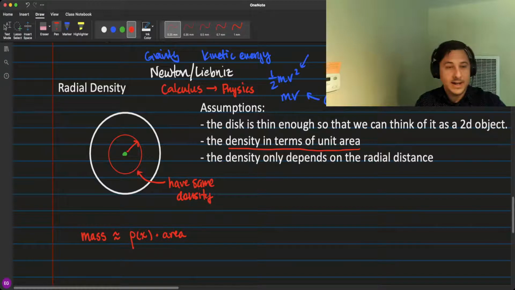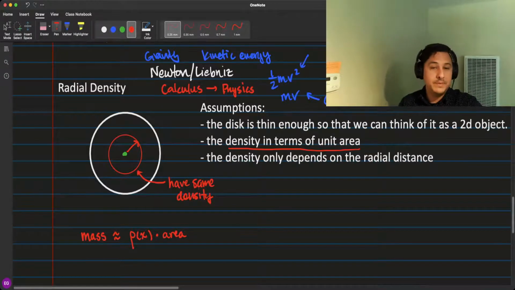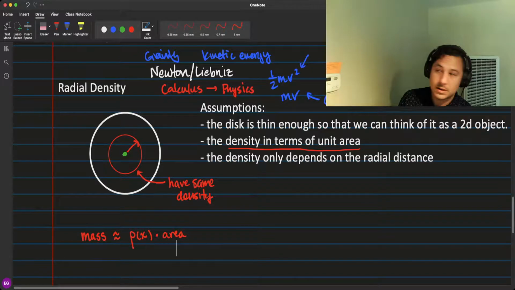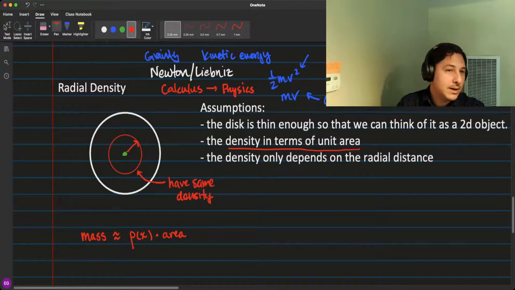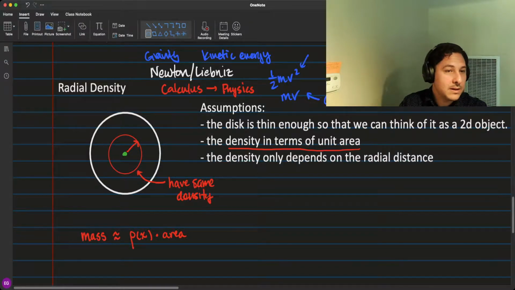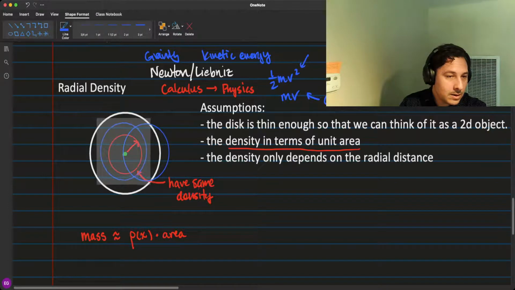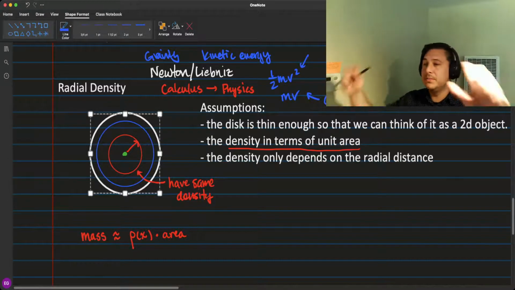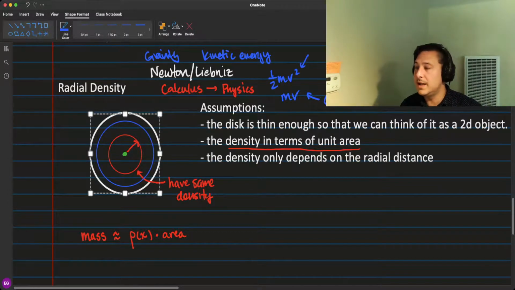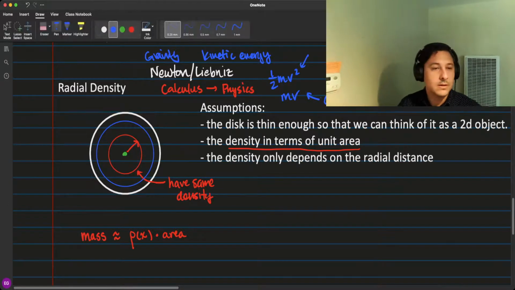Okay, so we're going to need to split this shape up into different parts. Let me show you how we're going to do this. So remember how before you had a line and we split it up by breaking it up into parts? Now, because we're doing things radially, we're going to split up our disk into different segments by drawing different circles.